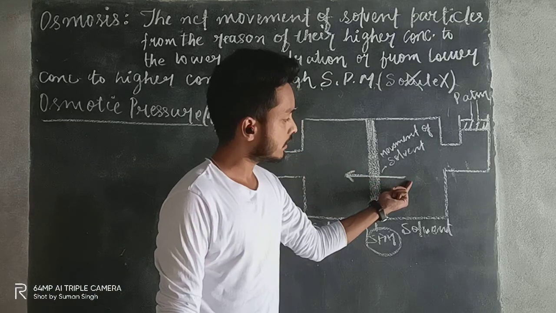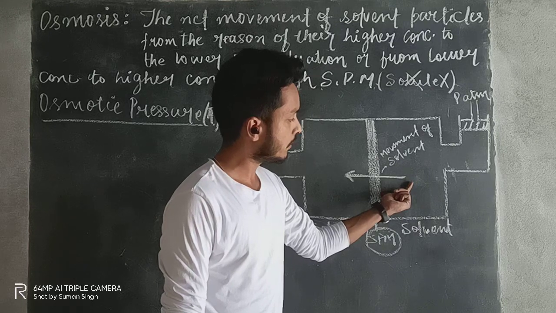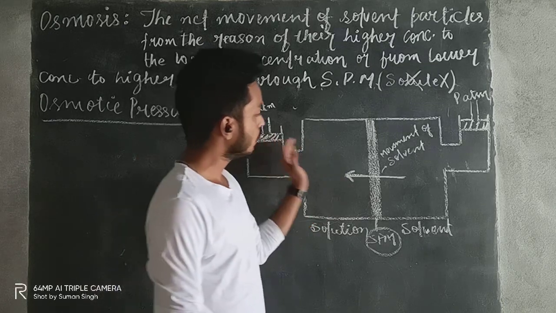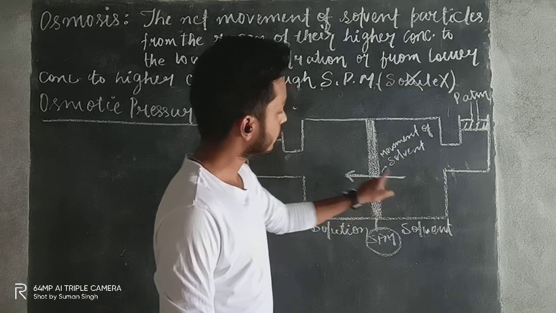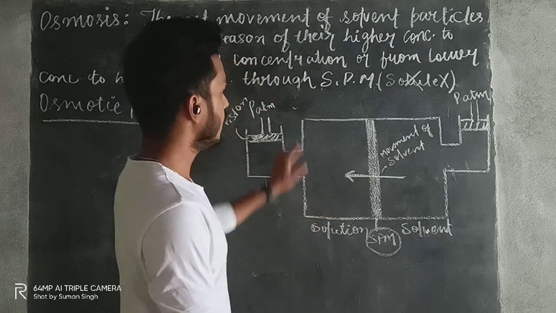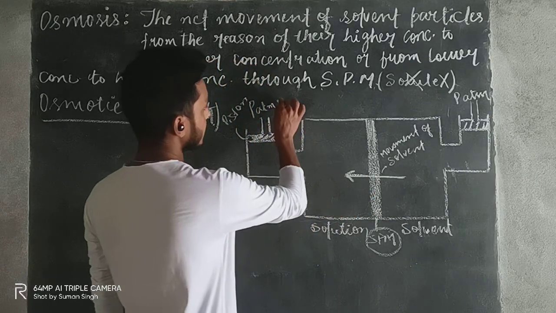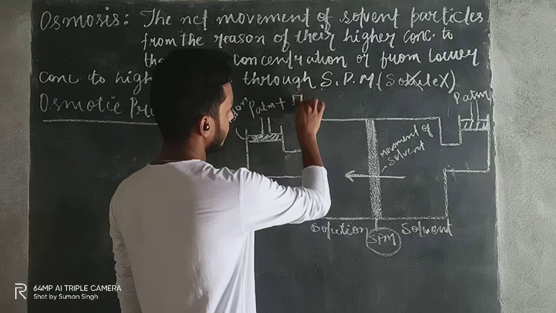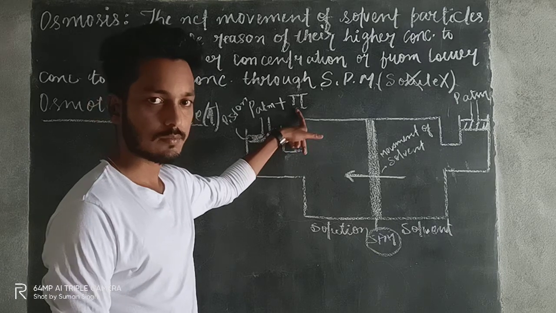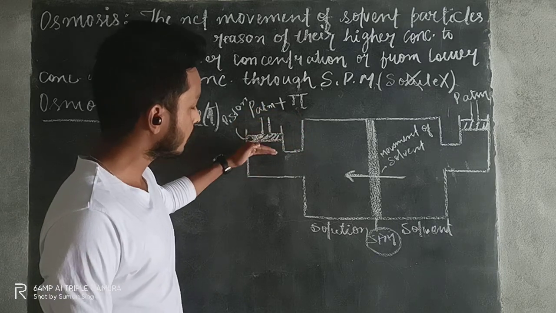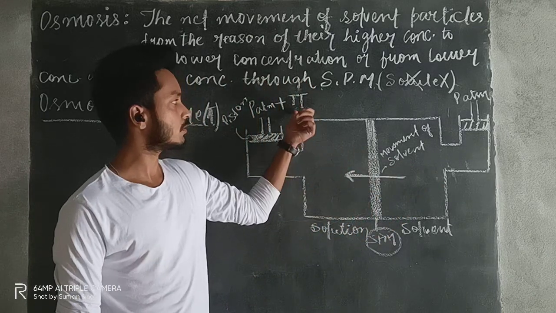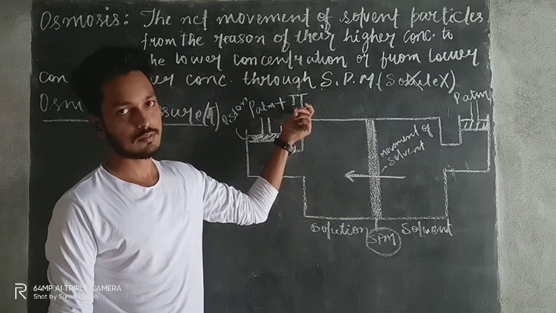As osmosis is taking place, there is a movement of solvent particles from this chamber to this chamber, so to stop it we apply a pressure pi, which is called osmotic pressure. So the pressure applied to stop the movement of solvent particles is called osmotic pressure. I hope you have got this.